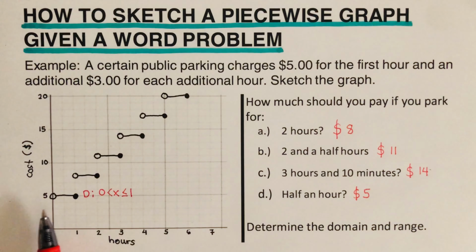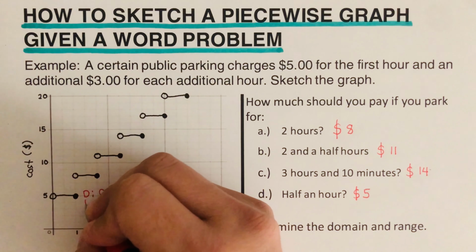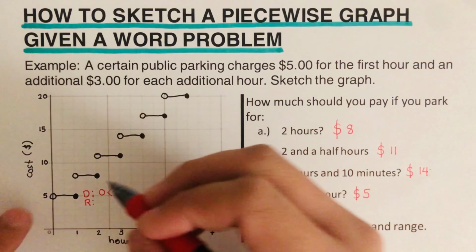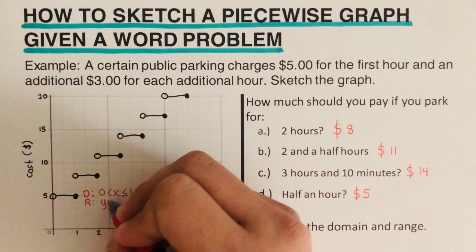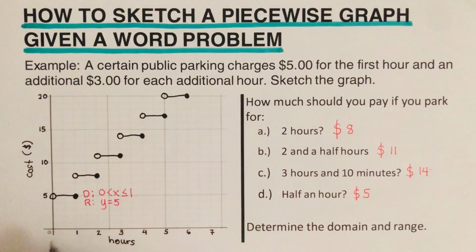Since this is an open circle, I did not put a bar underneath. This is read as x is greater than 0, but less than or equal to 1. And then the range for this is y is equal to 5, because that's the y value right here.